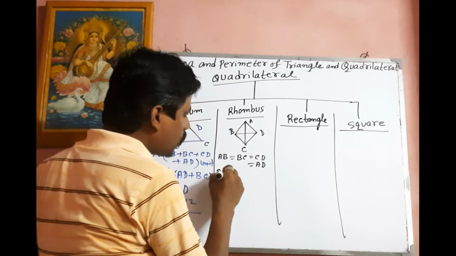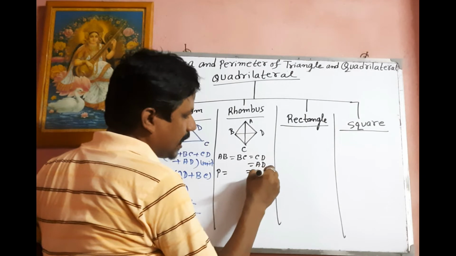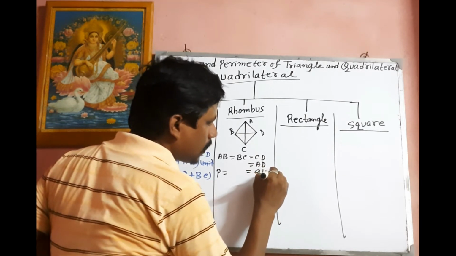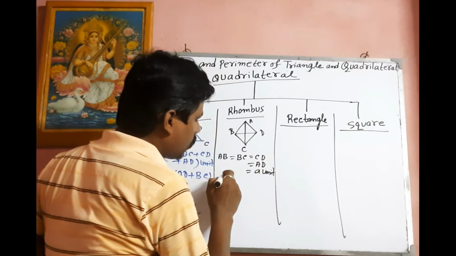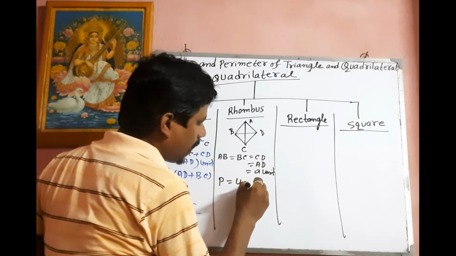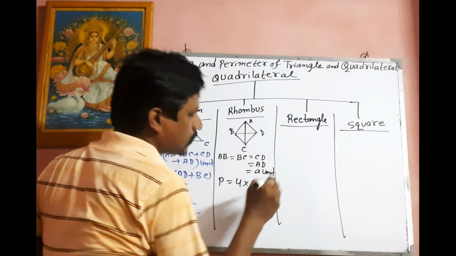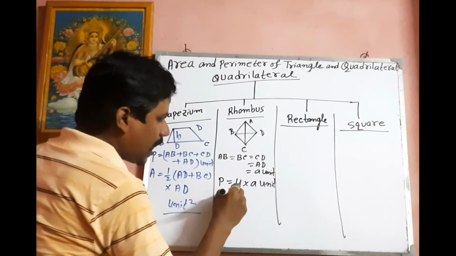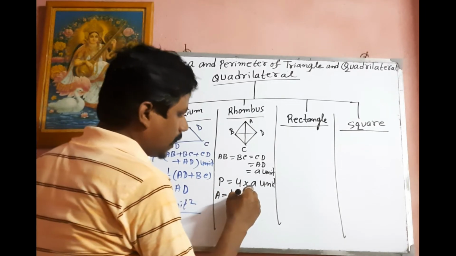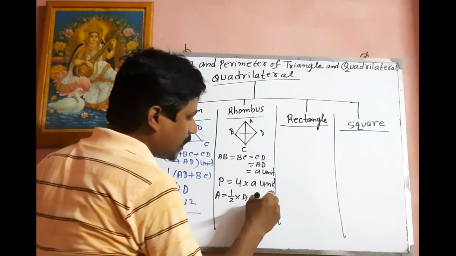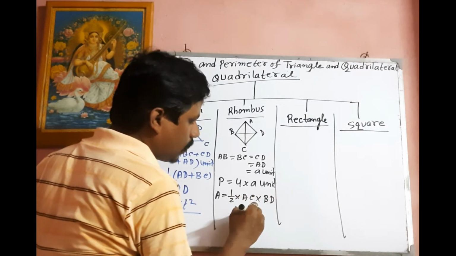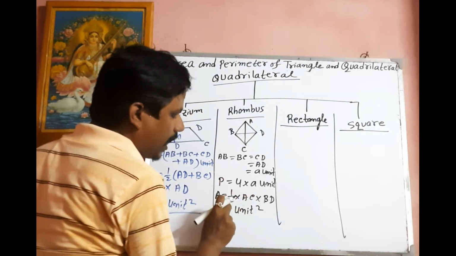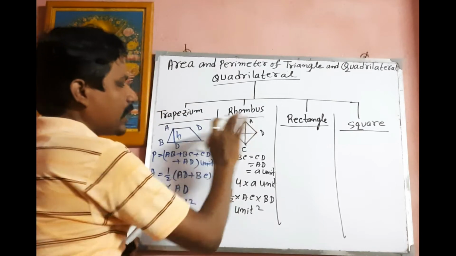So the perimeter, if we take this as A unit, will be 4 into A unit. This is the perimeter. And now the area is equal to half into AC into BD, and this will be the unit square. Multiply the diagonals AC and BD and take half. This will be the area of the rhombus.